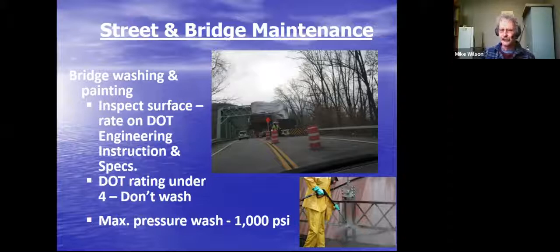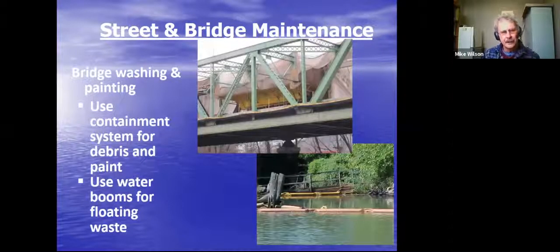The ironic thing is, if it's a rating under 4, you can still drive on that bridge. That's kind of scary in some ways when you think about it. You want to use a containment system for your debris. And if it's over a waterway, you want to use water booms to catch any of your floating waste. And again, clean all that up.